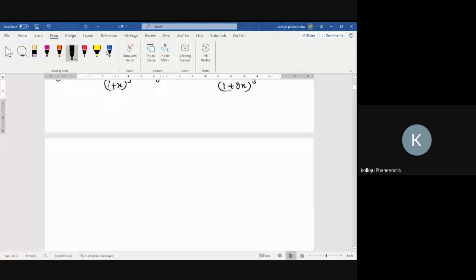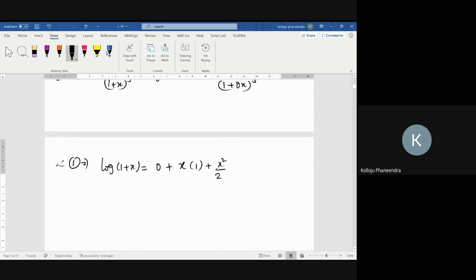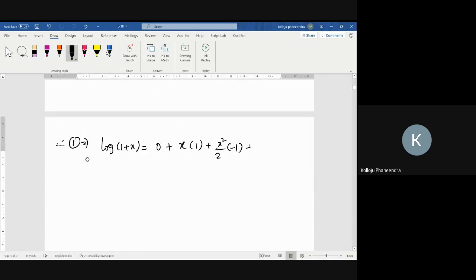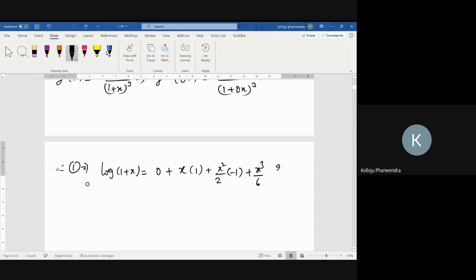Substitute all these values in 1. Therefore the left side is f of x, that is log 1 plus x, equals f of 0 value 0 plus x into f dash 0 value 1 plus x square by 2 into negative 1, plus x cube by 6 into f triple derivative 2 by (1 plus theta x) whole cube.